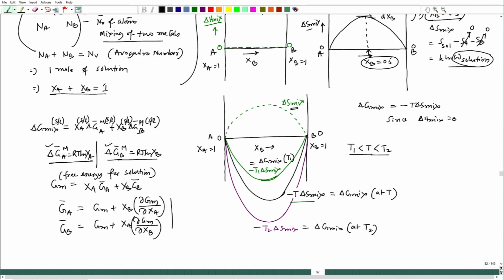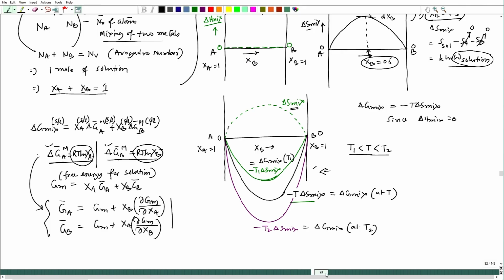Why do we want to do that? Because we also want to reflect it on this particular graphical plot. We need to find out how this quantity is placed on this plot. But before that, first let us see whether we can get a similar expression for these two quantities.